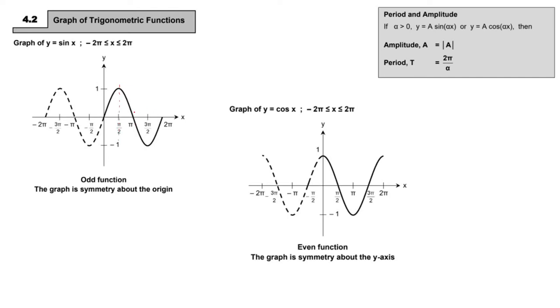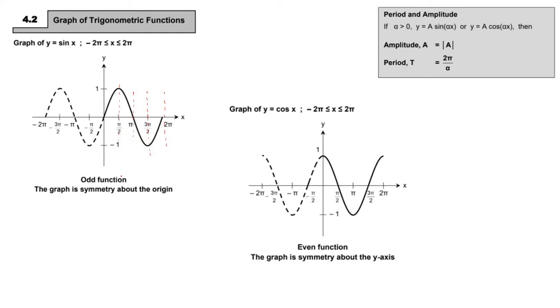First subinterval pi over 2, second subinterval pi, third subinterval 3 pi over 2, and then the fourth subinterval 2 pi. Jadi bila nak sketch, kita boleh plot dululah pi over 2, pi, 3 pi over 2 to 2 pi, and then connect, to make one complete cycle.